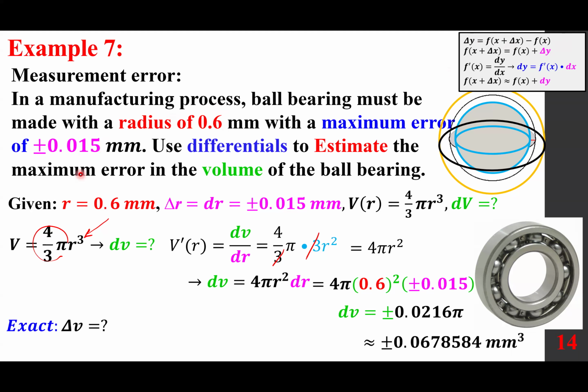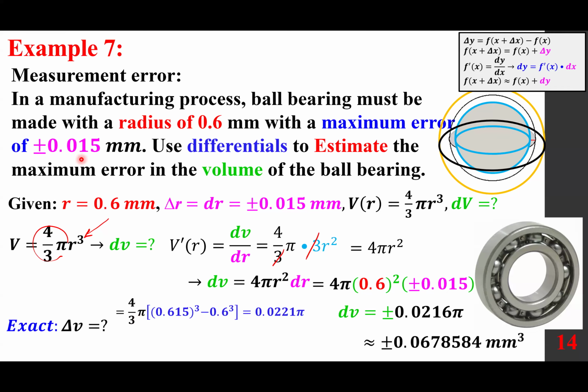So on the plus side, remember, the volume is 4/3 pi r cubed, we can plug in 0.6 and calculate. Also, we're going to add this and say the radius would be 0.615. Calculate the volume. That means 4/3 pi times 0.615 cubed minus 4/3 pi times 0.6 cubed, and the difference on the plus side. I have factored out the 4/3 pi.